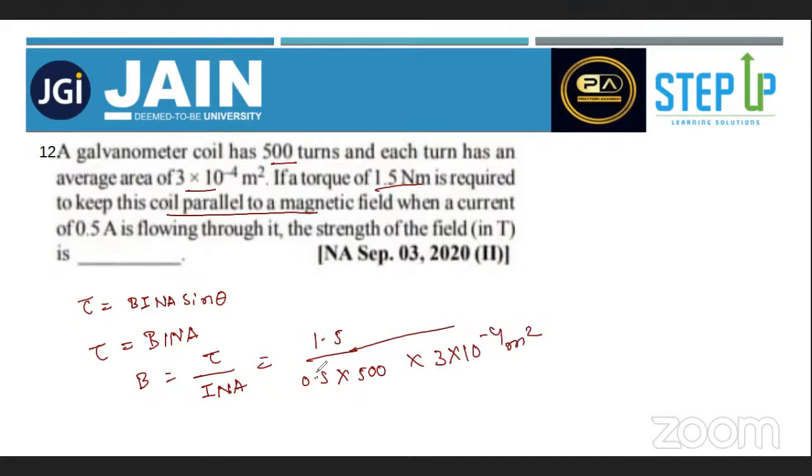The option is not there, so it's out. Simplifying, the answer will be equal to 20 tesla.